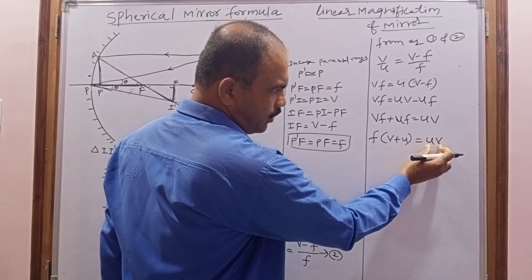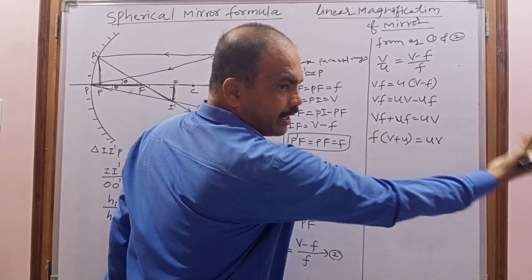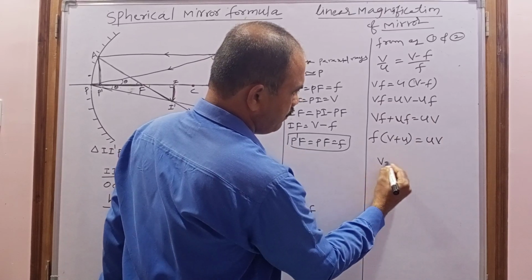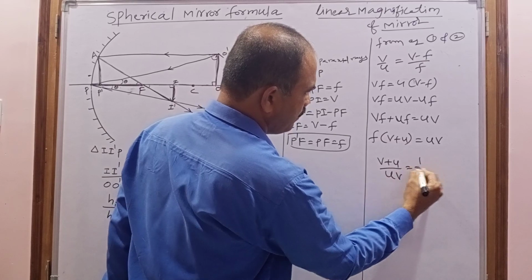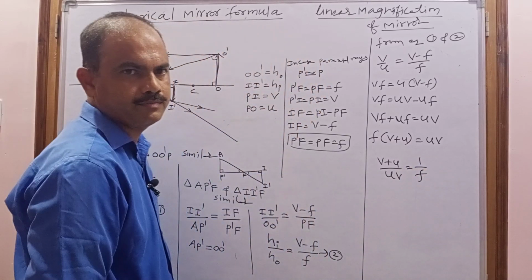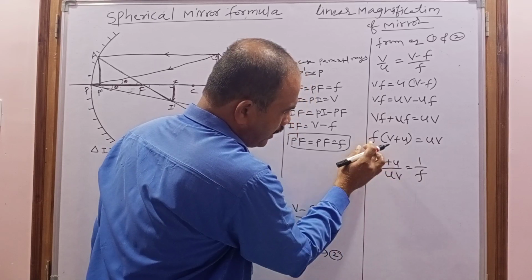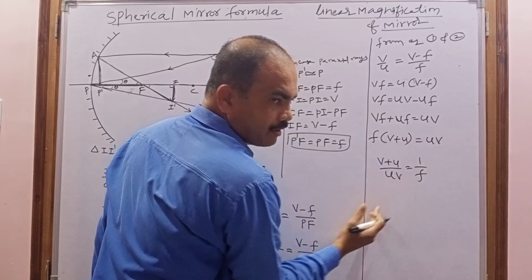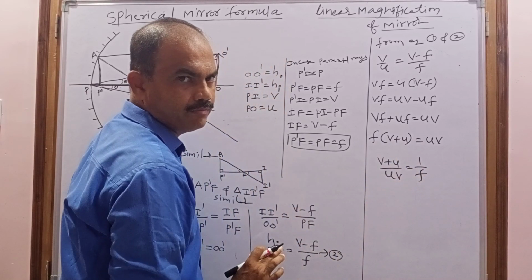I am bringing the UV to the left side and F to the right side. So V plus U by UV equals 1 by F.